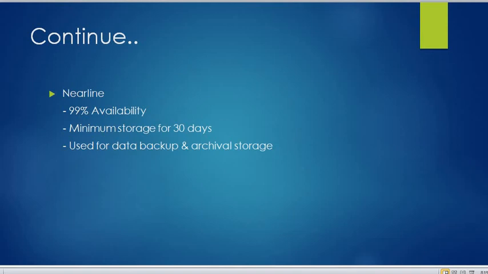Because when data is backed up and archived, we will use that data very less frequently. So that's why we can use Nearline buckets for this type of data. The minimum storage is 30 days.